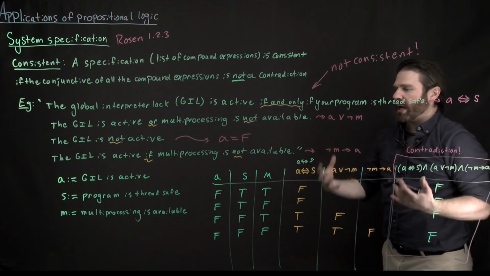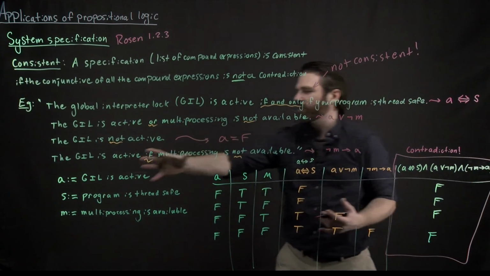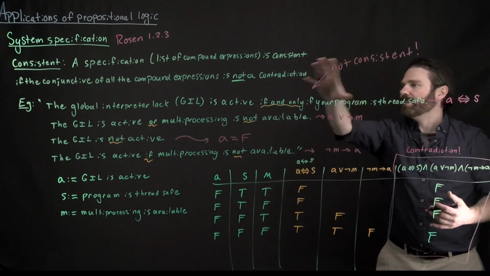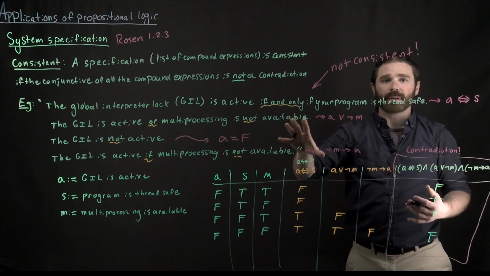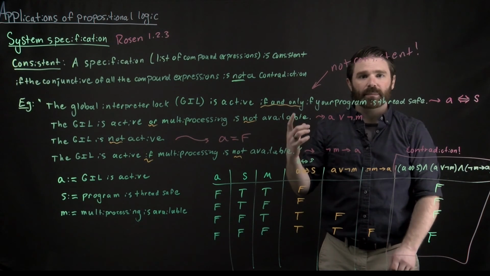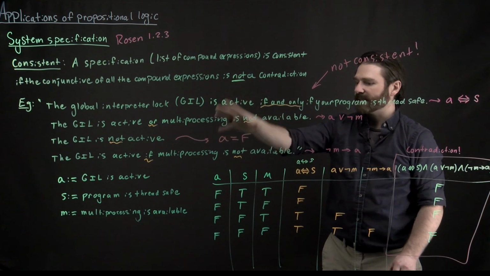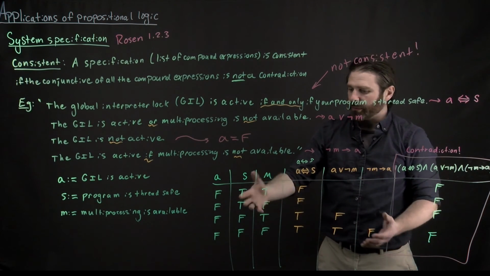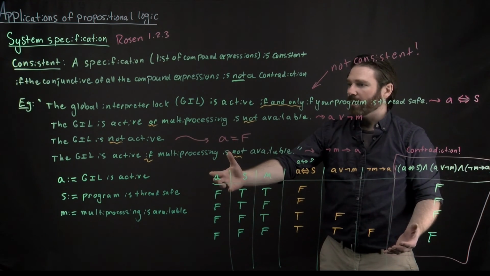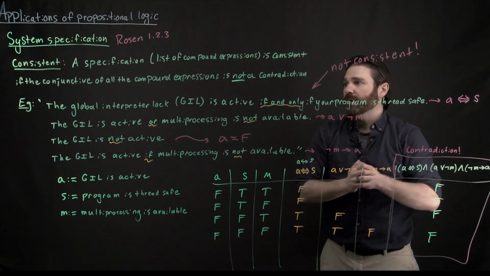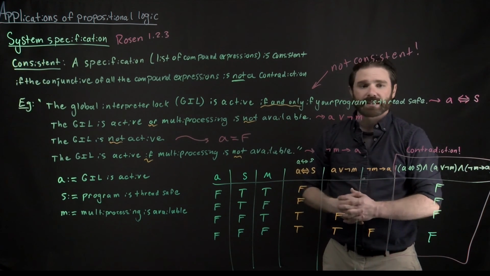There is no way that you can find some combination of truth values of A, S, and M that would make this entire list true. And so we have seen a couple of different examples. One example where the specification was consistent because it was not a contradiction. And here we have seen an example where it did lead to a contradiction with a conjunction. Therefore, it is not consistent.